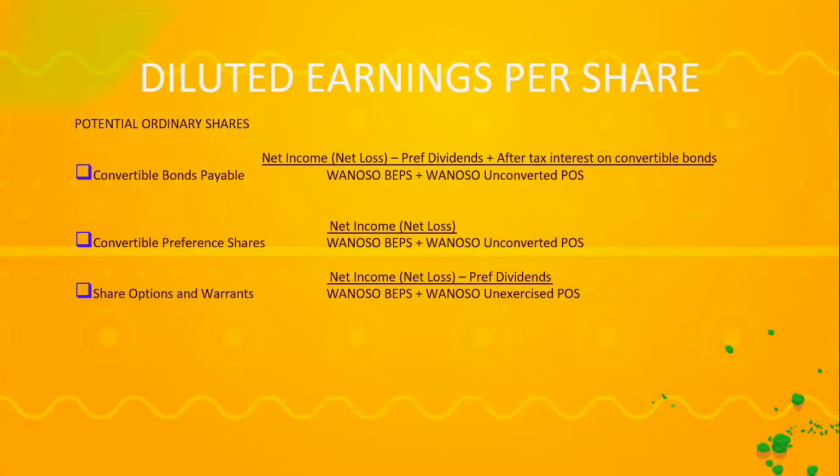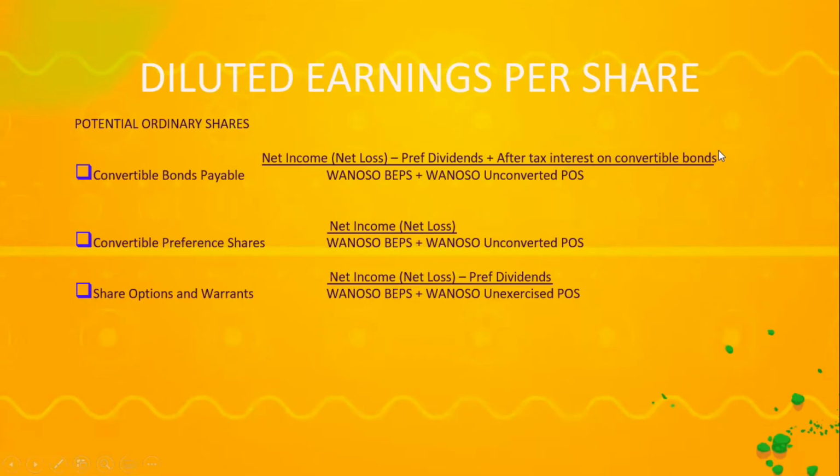The formula in basic earnings per share is net income less the preferred dividends over the weighted average number of shares outstanding. That's the one I'll abbreviate, just so it's faster to write, since it's long. Since we're now discussing convertible bonds payable, we'll include additional items in the formula. So net income or net loss less the preferred dividends plus the after-tax interest on convertible bonds.